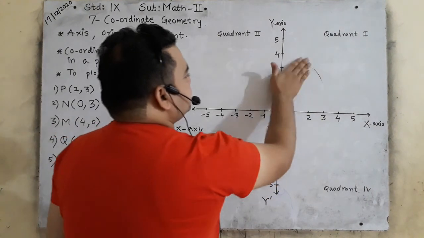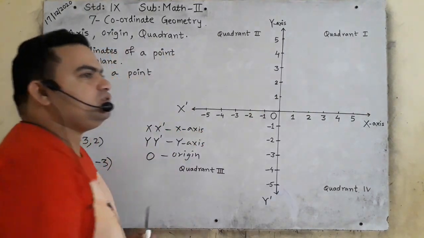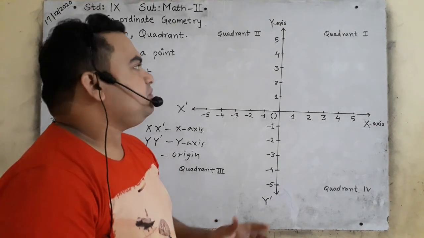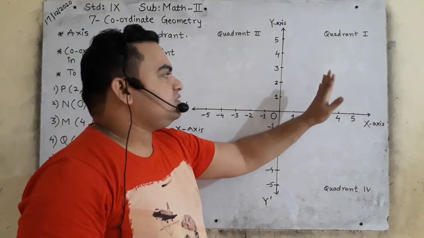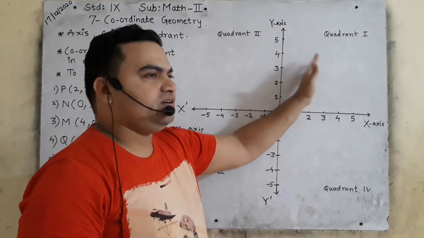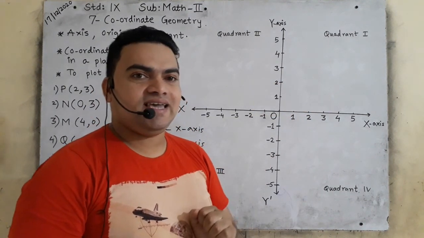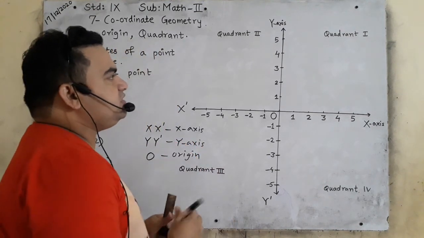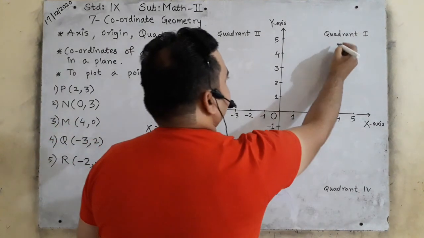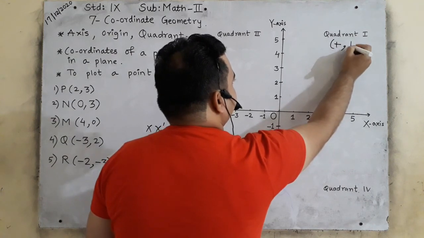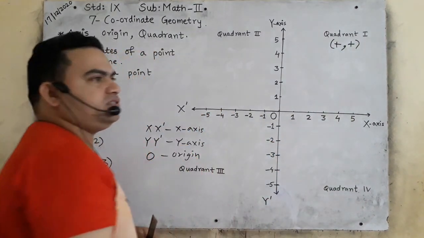Now my dear students, there will be signs. We should know the signs of the quadrants. It means the point which will be plotted in quadrant first, what will its signs be? So my dear students, always remember quadrant first has x positive and y positive.